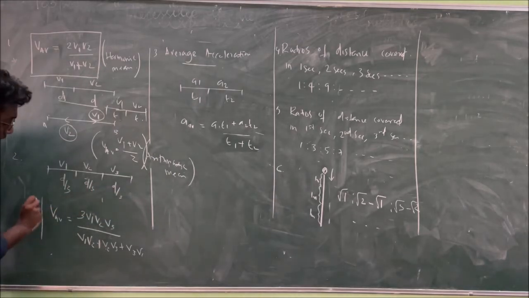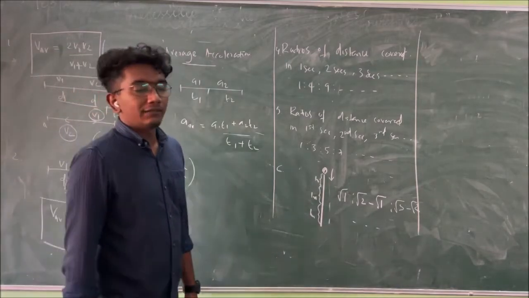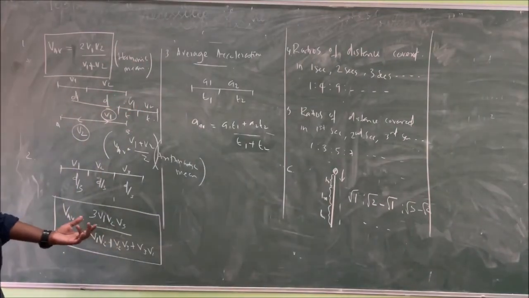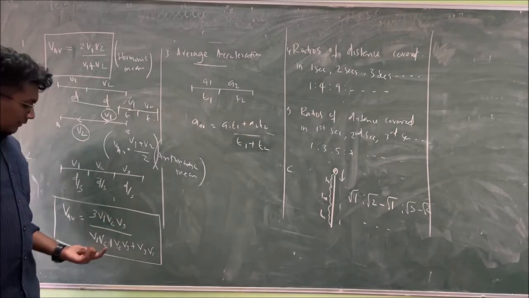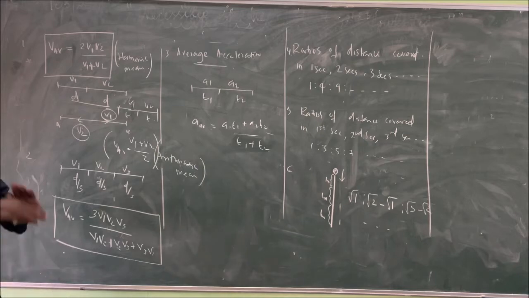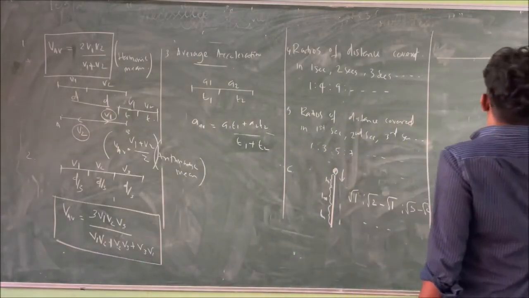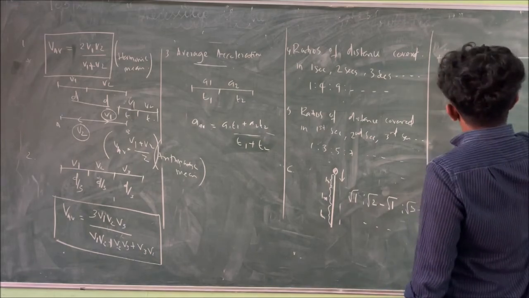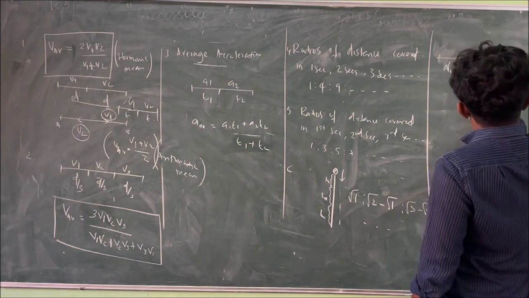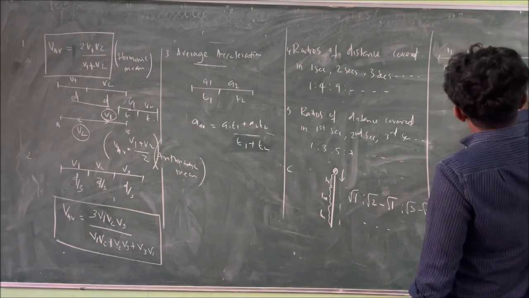Then V average is 3 v1 v2 v3 divided by v1 v2 plus v2 v3 plus v3 v1. There is a pattern. So what if many intervals are there? Let's see, N intervals, D by N, D by N, D by N, and so on, with v1, v2, v3.